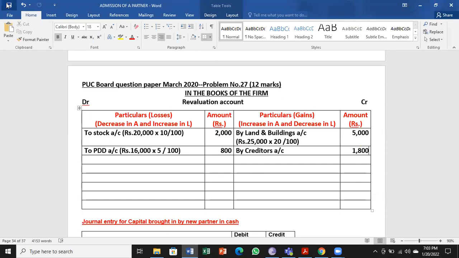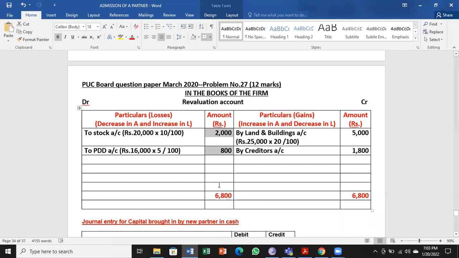You can go for balancing. Which side is more, you can identify. Credit is more. So I have taken the credit total 6,800, but I have to deduct these two entries therein.